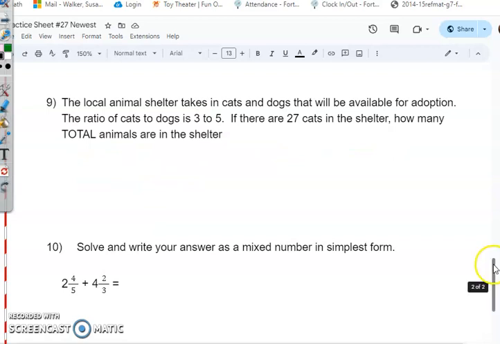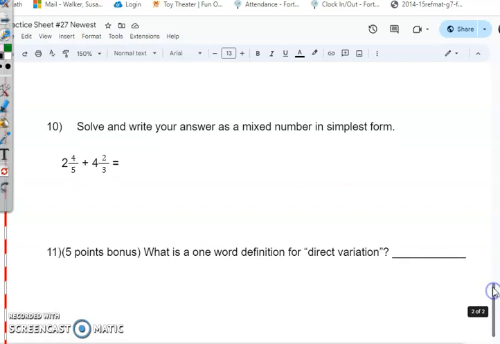Number 10. Solve and write your answer as a mixed number in simplest form. So we've not been doing a lot of fractions lately, so we need to practice again. When we add fractions, you never add denominators. You don't add denominators, you don't subtract denominators, you get an LCD. Least common denominator. Now, I know what this is, and some of you might know what this is without me doing this, and that is okay.